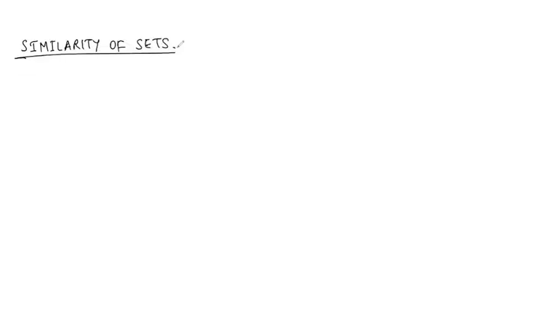Whatever numbers are given in the question, we should find out what the relation between them is, same as number series. Then we should check in the options which set or which number is following the same relation. It's almost like number series.